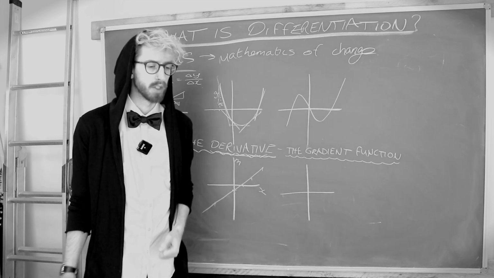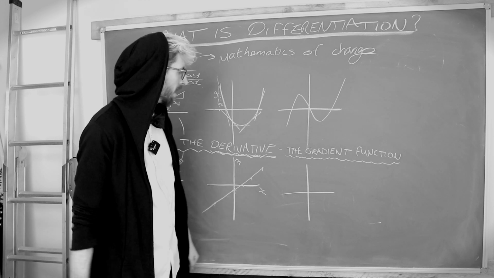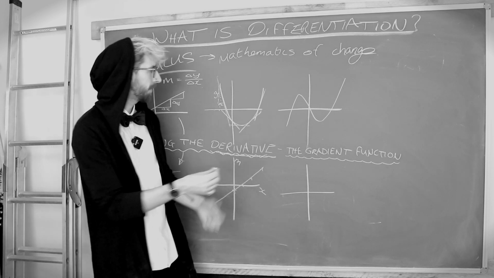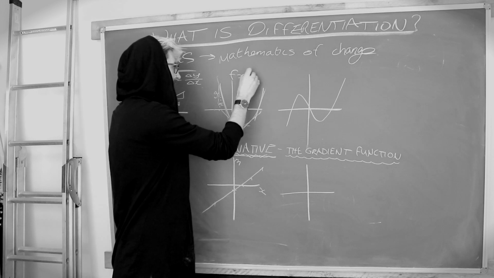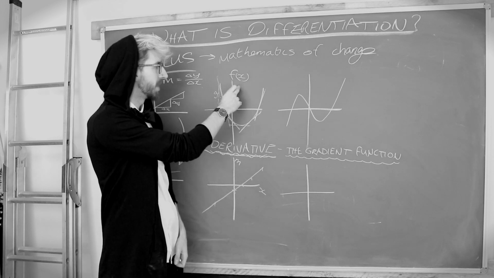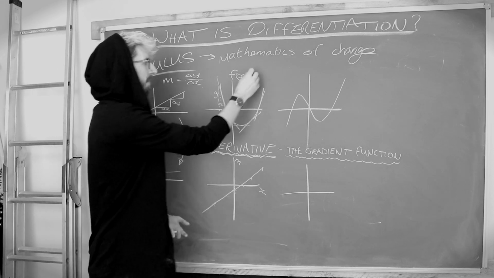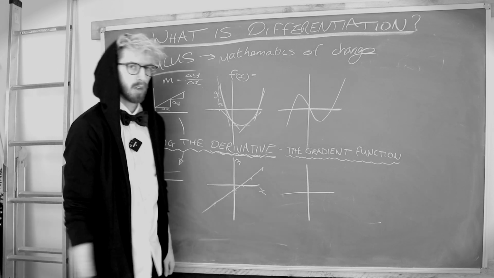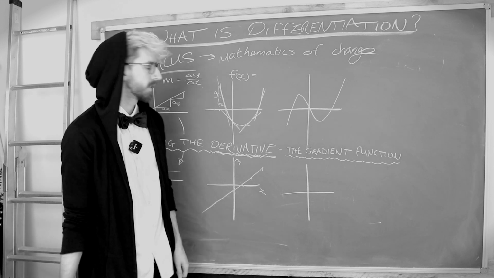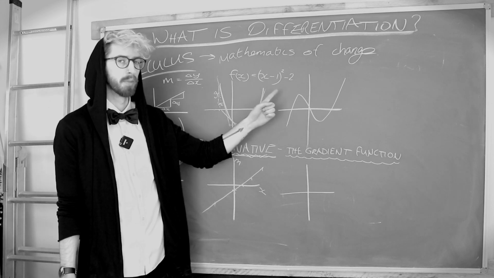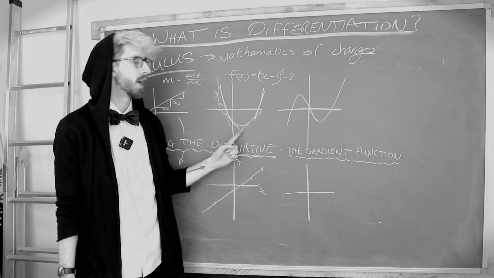We have a little bit of notation for that. The notation that I'm going to introduce now is that we call our original function f of x, so y is f of x equals. If you plotted that in something like Desmos, it will look quite a lot like that.